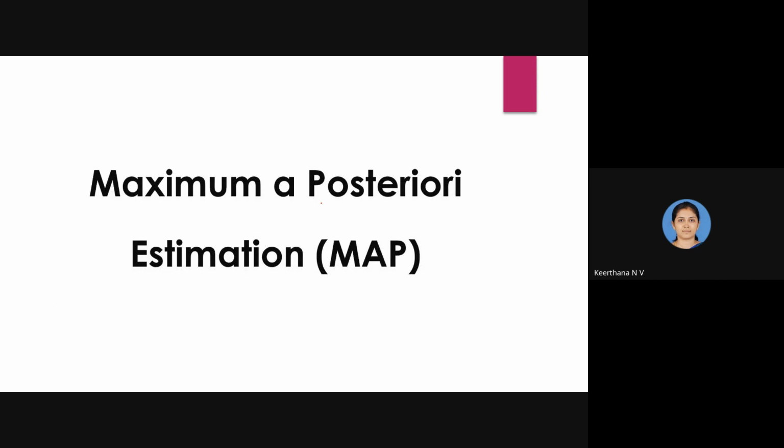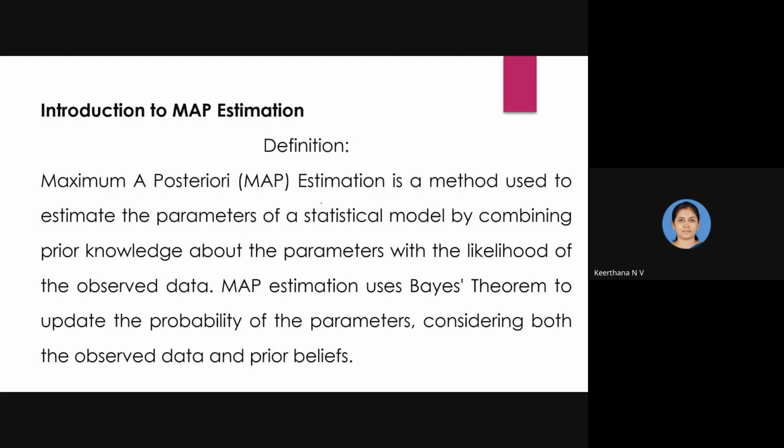So the next thing is maximum a posteriori estimation. What is MAP? It is a method that is used to estimate the parameters of a statistical model. It estimates the parameters by maximizing the posterior probability of the parameters.